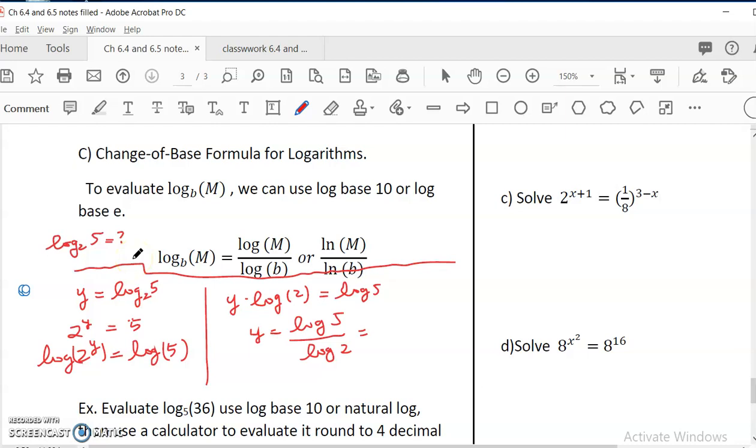So if I calculate it, log 5 divided by log 2, both base 10, is 2.3. Let's do it with the decimal calculator.